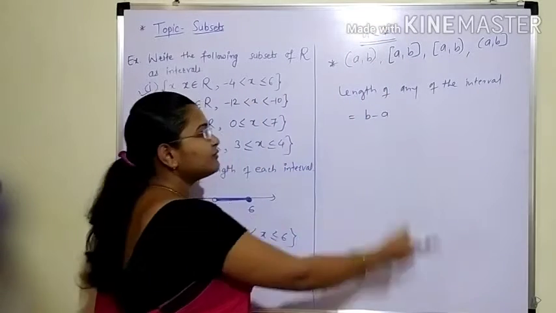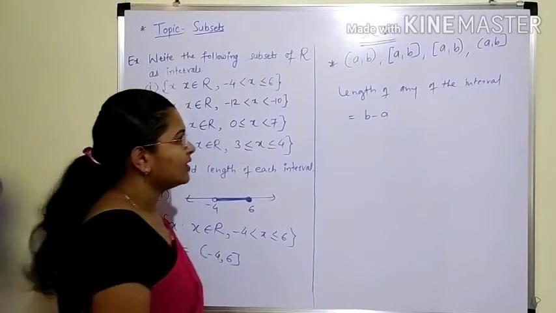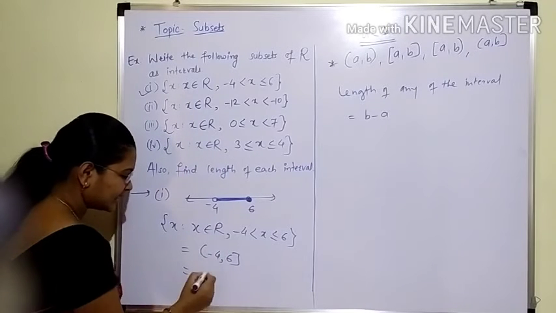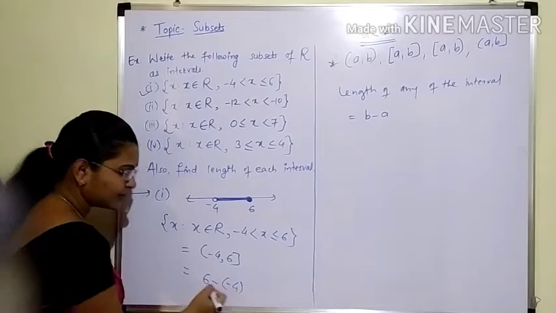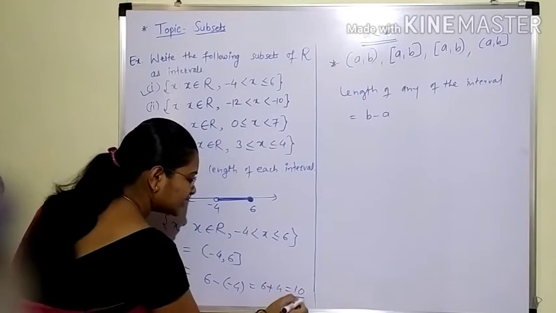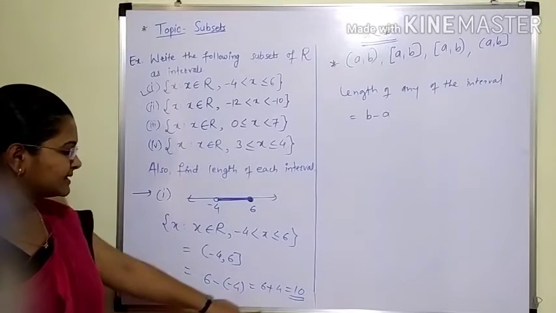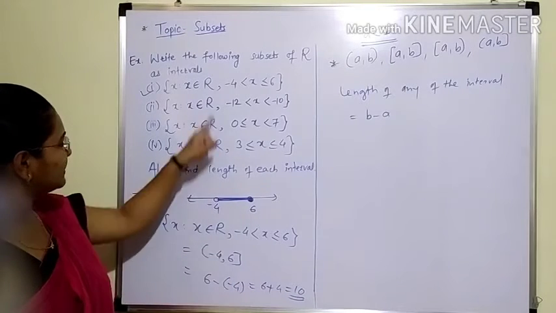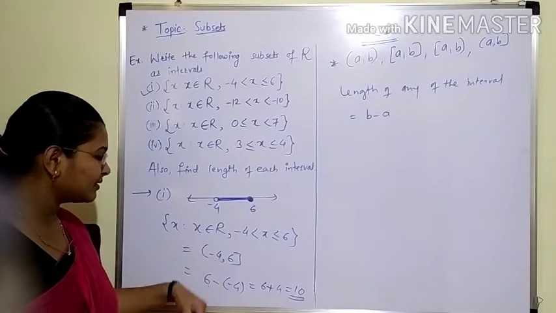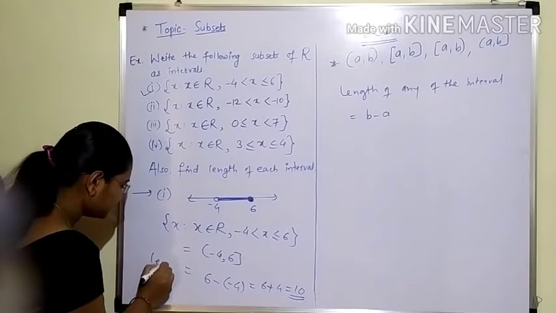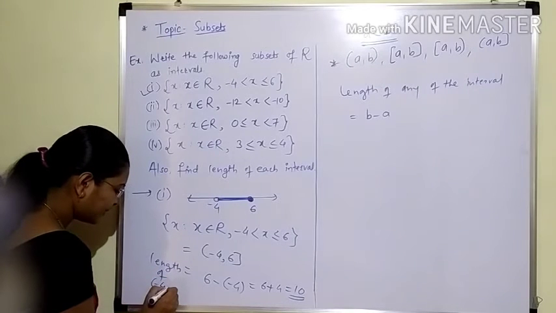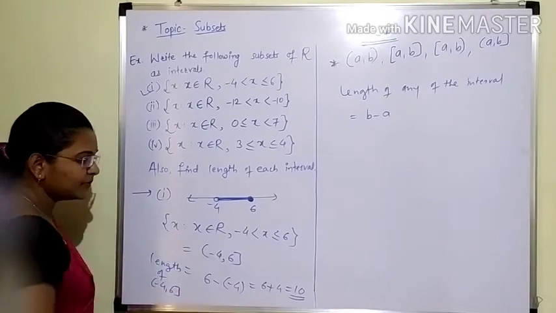That's why the length of this interval is b minus a. Okay, so what will be the length for this interval then? It is 6 minus (-4), that is 6 plus 4, which equals 10. So the length of this interval is equal to 10. We have written this interval (-4, 6], that is a semi-open interval, and the length of the interval from -4 open to 6 closed is equal to 10.